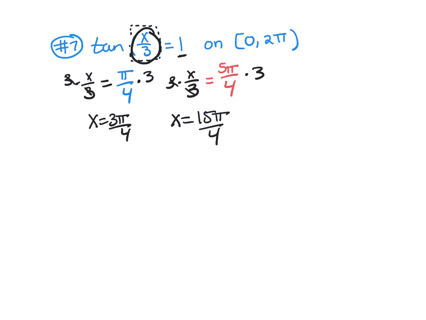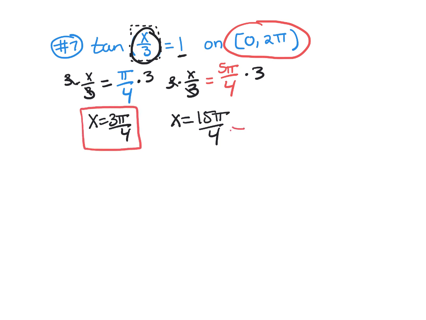Now, the key thing, this is the part I think that I forgot to mention on Thursday, so I apologize again. But the main thing is we need to double check our interval always. So in this case, we have an interval from 0 to 2 pi, so we cannot have any x values that are outside of that interval. 3 pi over 4 is within that interval, so that one's good. That would be one of our solutions.